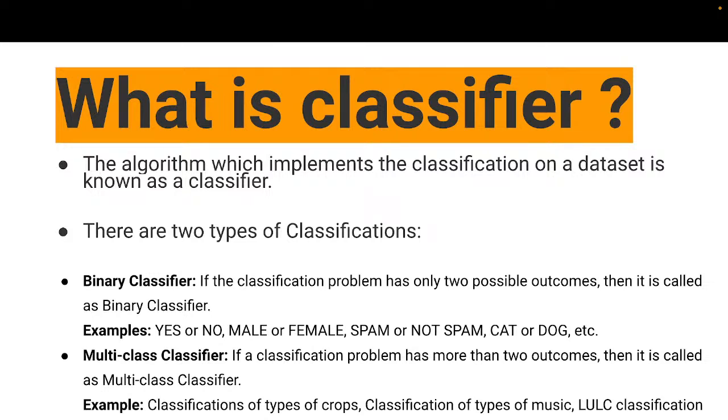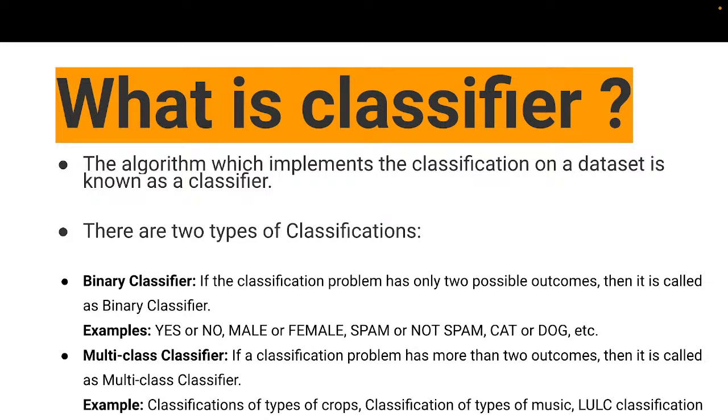Suppose you want to classify forest and deforestation, only two classes. Okay, forest and deforestation. So it's one kind of example for binary class. For a multi-class classifier, suppose crop types classification, or land use land cover classification with more than two classes, then we use the multi-class classifier.